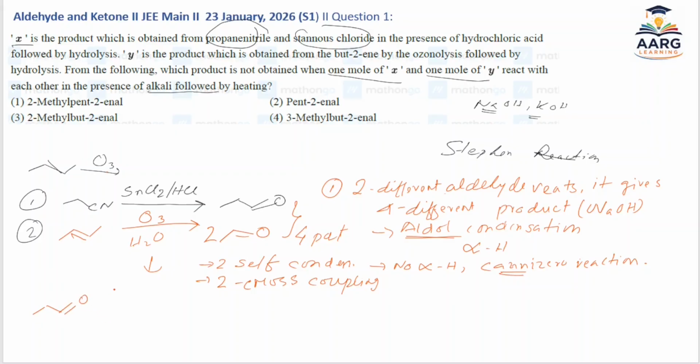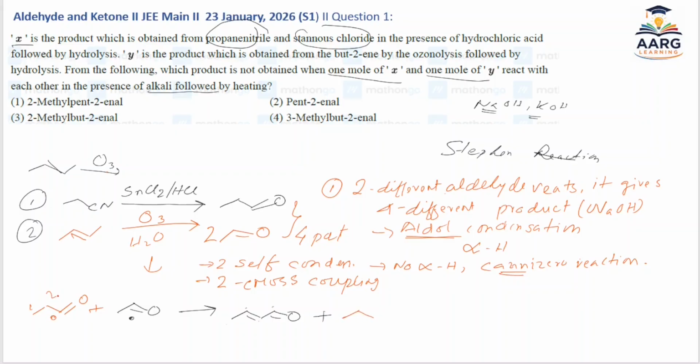This is one aldehyde, plus, I again change the color, this is another aldehyde. First it will give self coupling, this is one product. So 1, 2, it should be 1, 2, 3, 4, plus this is the self coupling reaction, so it will give 2 products.